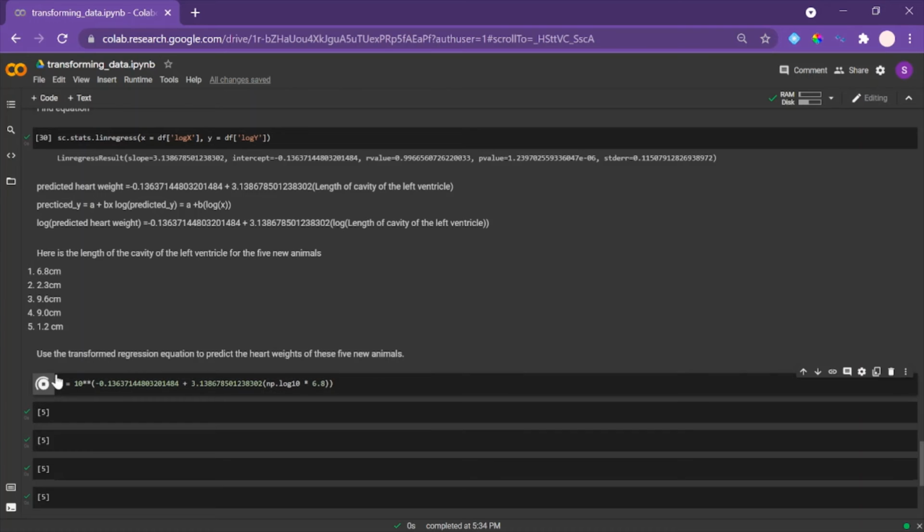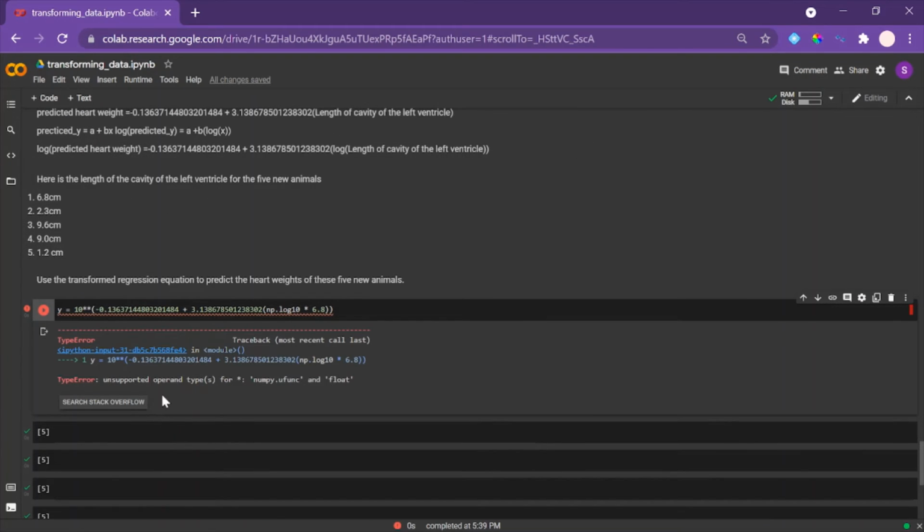So when we run this, what is wrong now? Let's see. Oh, forgot to add a multiplication sign in between again. Okay, let's see. np.log 10, because it's a function, we actually need to have it inside, right?